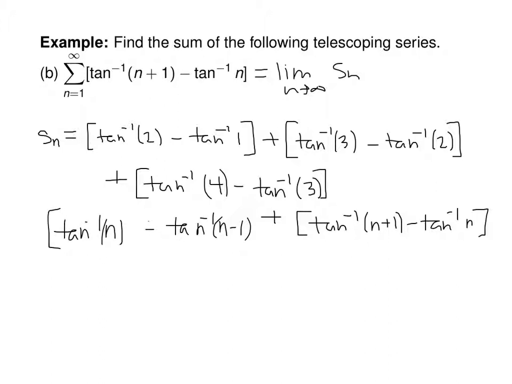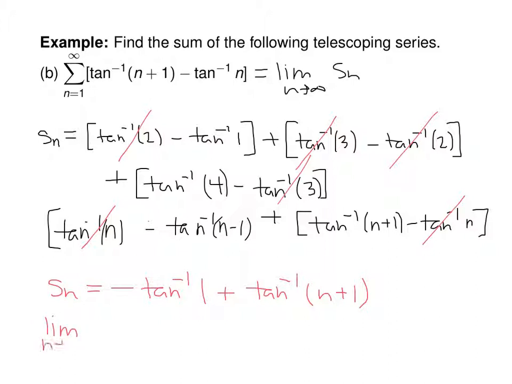Okay, what you can see is this tan inverse 2 cancels with that one, the tan inverse 3's cancel, the inverse tangents of n minus 1, the n's cancel, the n minus 1 will cancel with the previous term. So what we have for s sub n is negative tan inverse of 1 plus tan inverse of n plus 1.